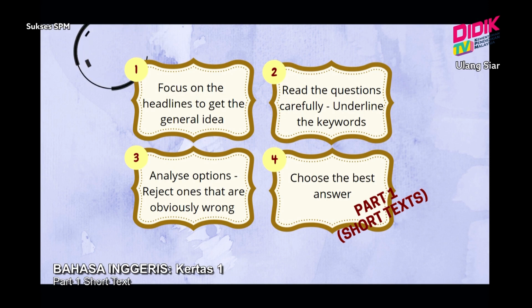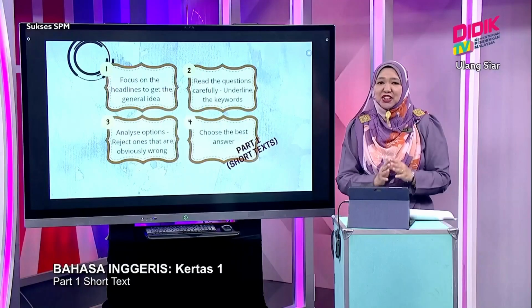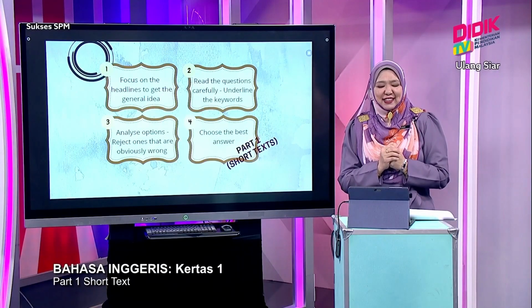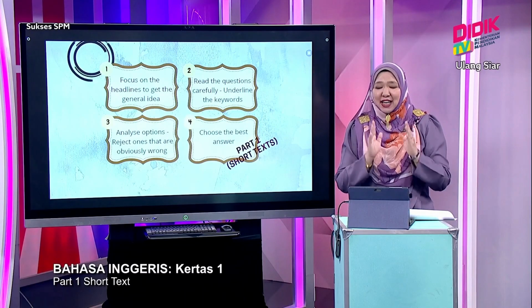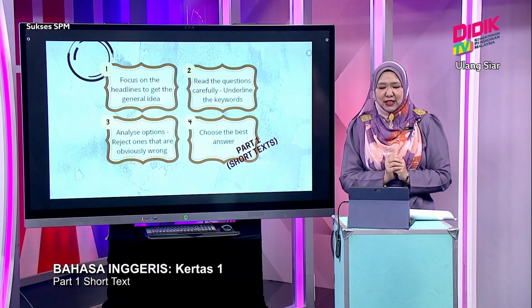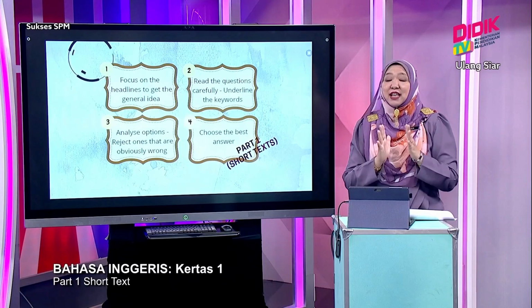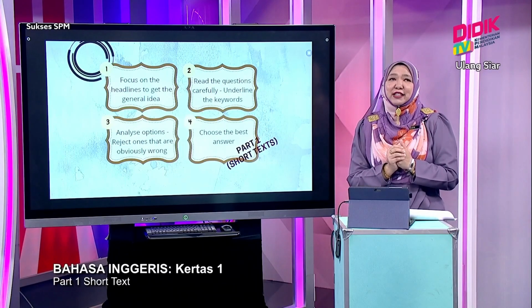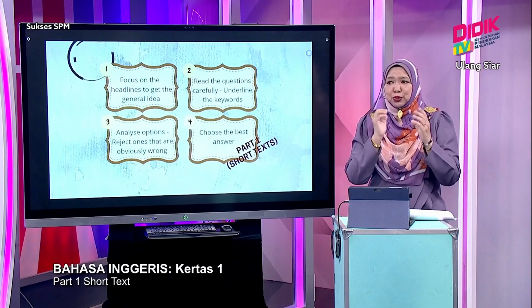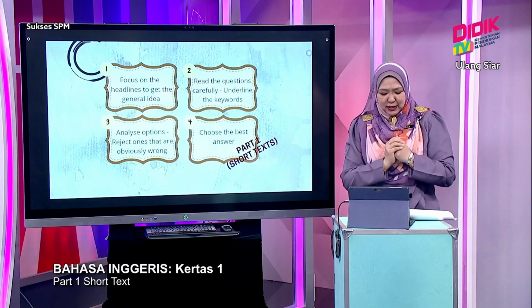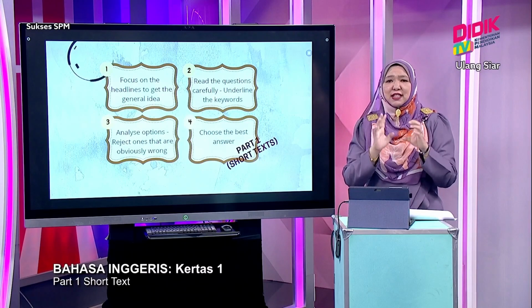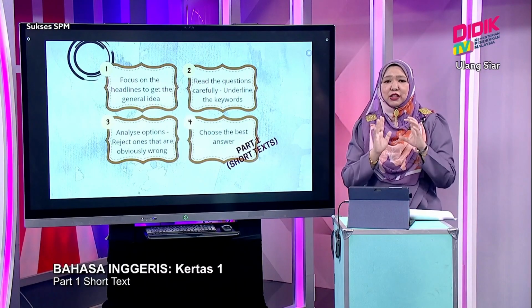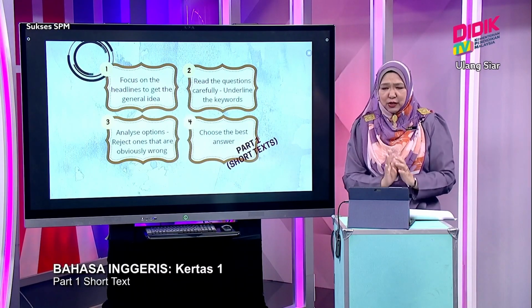Then you have to read the question carefully, and while reading, make sure you underline the keywords. There are keywords such as, for example, the word true, the word false, most, less. These are some of the keywords that you need to focus on.